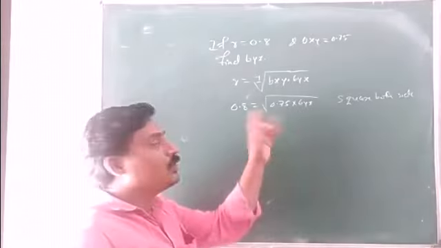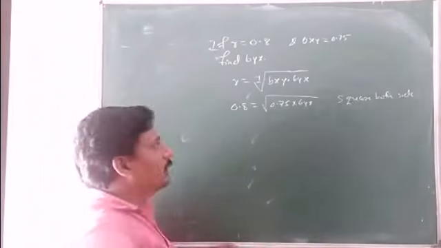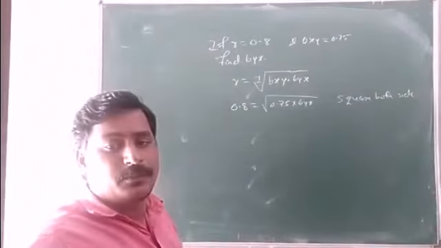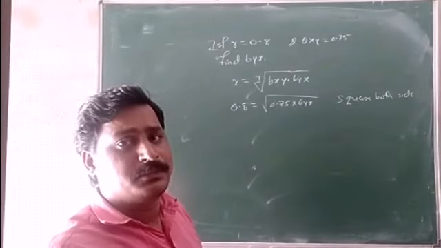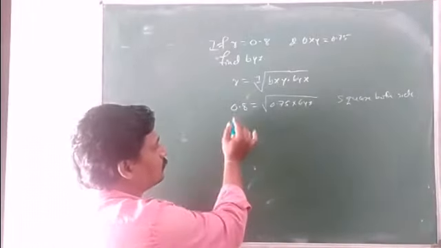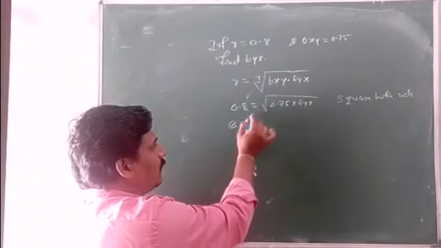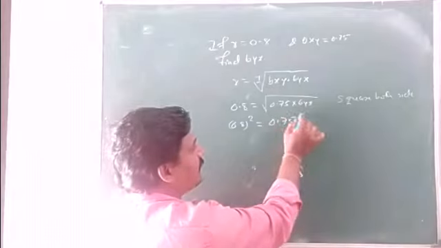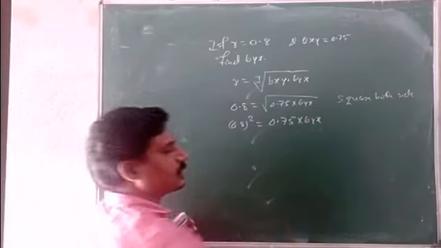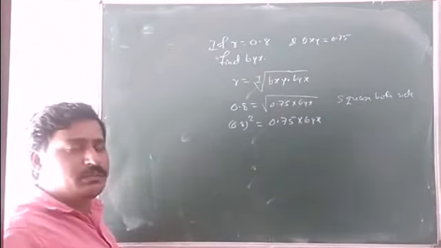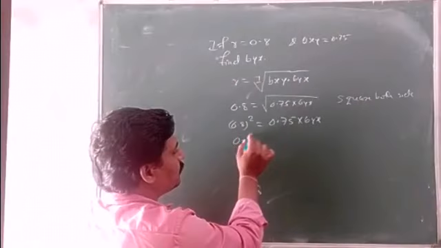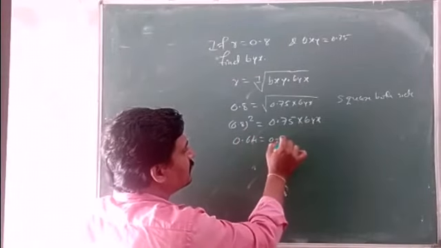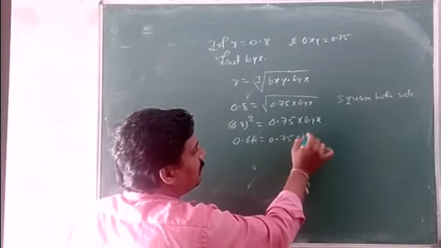So 0.8 square is equal to 0.75 into byx. 0.8 square, 0.64, is equal to 0.75 into byx.